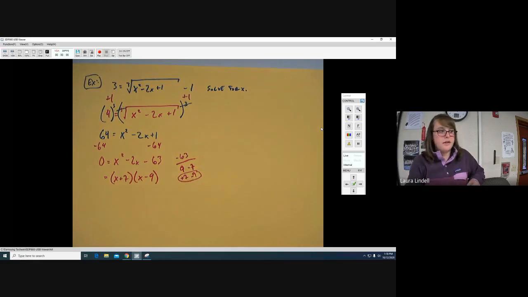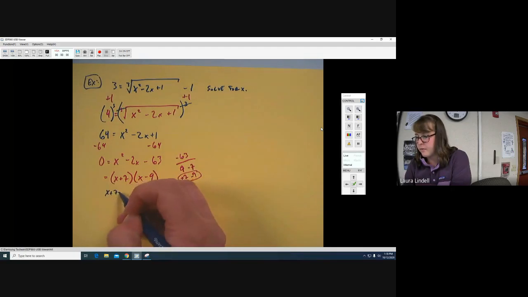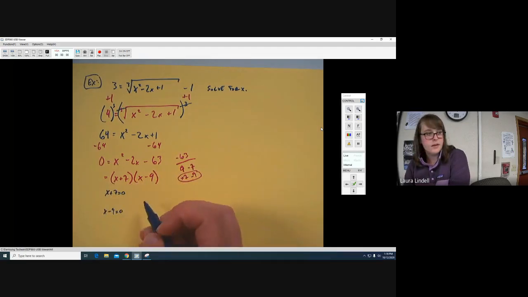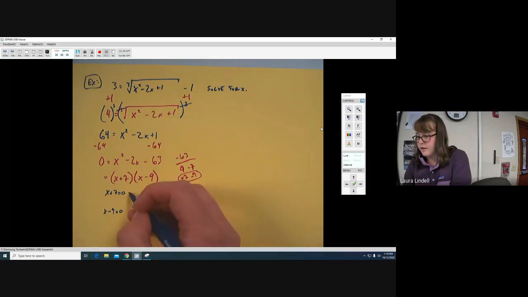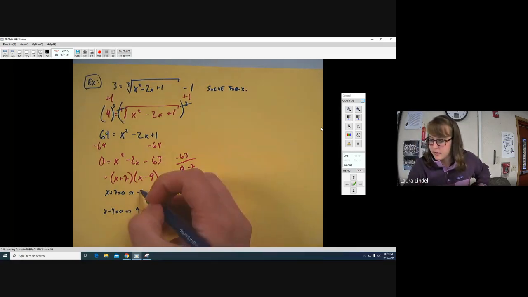And then we have to set each of these individually equal to 0. So we go x plus 7 equals 0, x minus 9 equals 0. So this would give me negative 7. This would give me positive 9. So those are my two possible solutions.